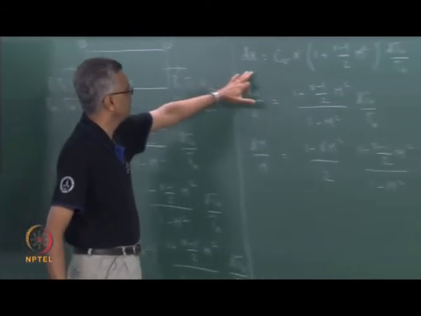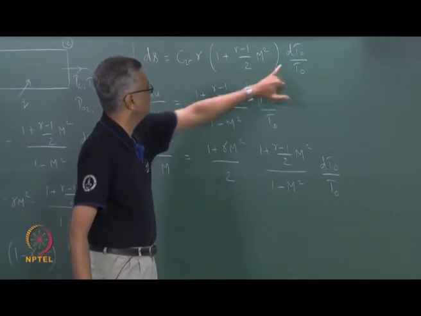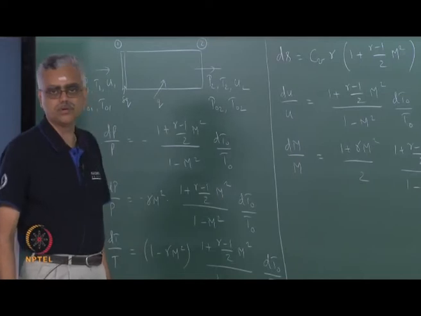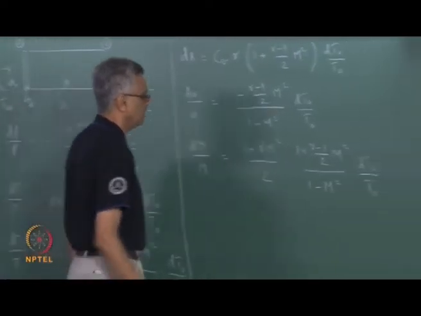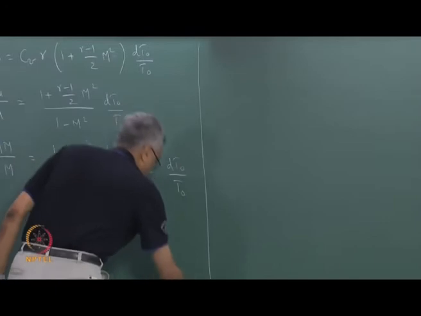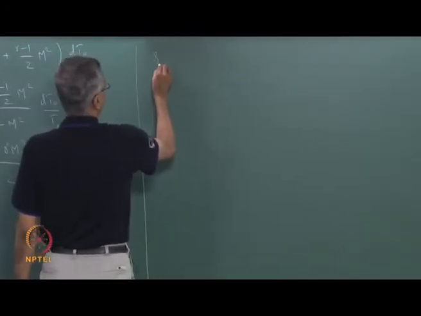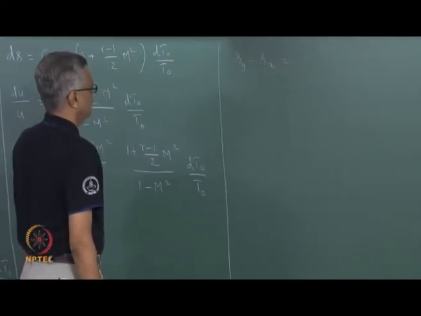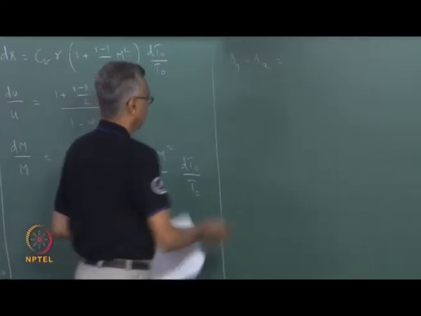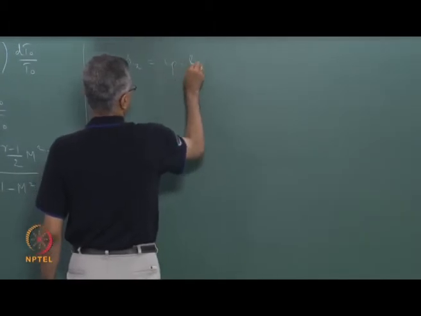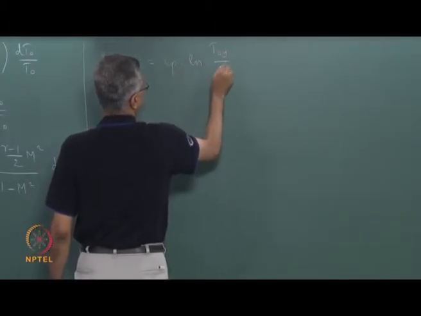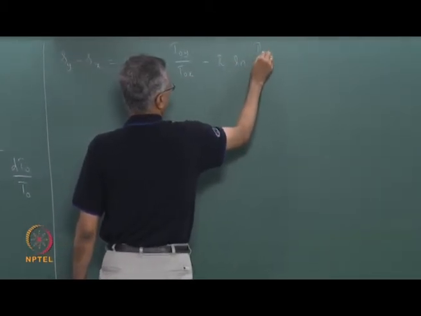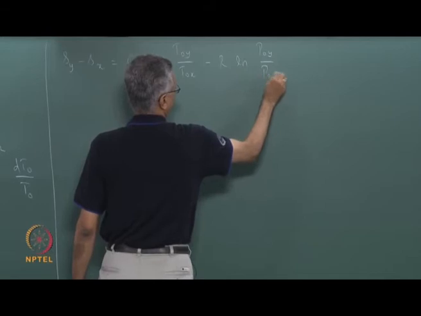We already have this relationship, ds equal to this times dT0 over T0. If you remember from our earlier lecture, we showed that the entropy change between two states x and y can be written in terms of the stagnation quantities as Cp times natural log T0y divided by T0x, minus R times natural log P0y divided by P0x.